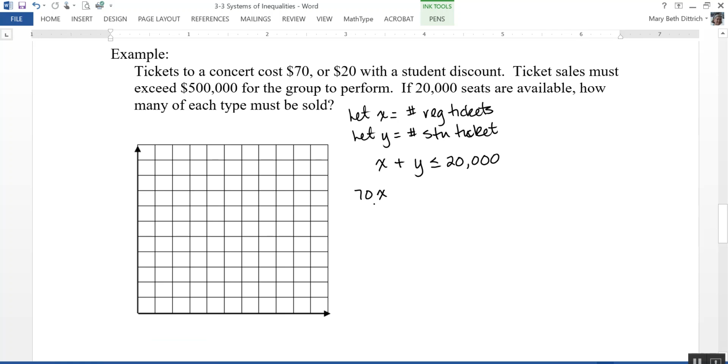So that's the amount of money they'll take in for the regular tickets, plus $20 for each student ticket, and I need to make at least $500,000. So that has to be greater than $500,000. Okay, I'm going to graph these two inequalities. The first one's not too bad because I'm going to use x and y intercepts, but let's turn this one into slope-intercept form. So subtracting 70x on both sides and dividing by 20.